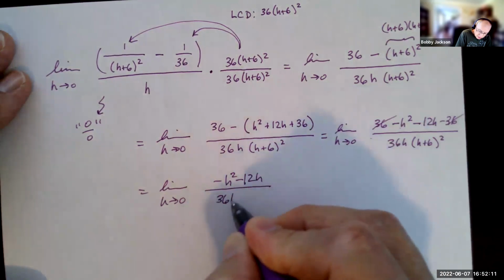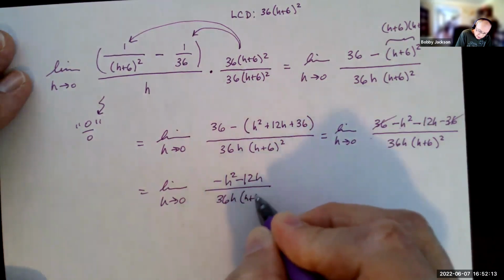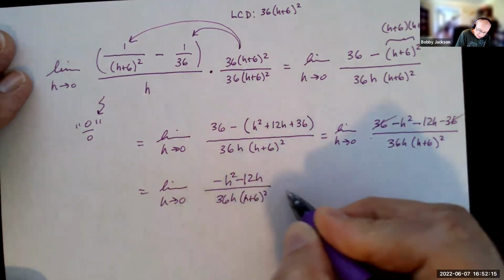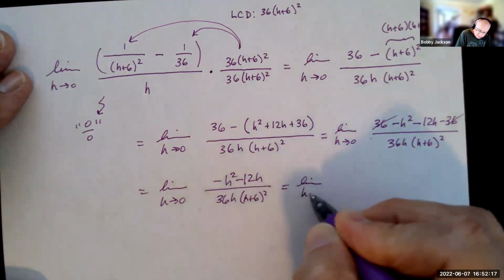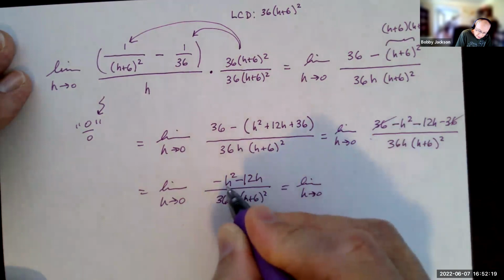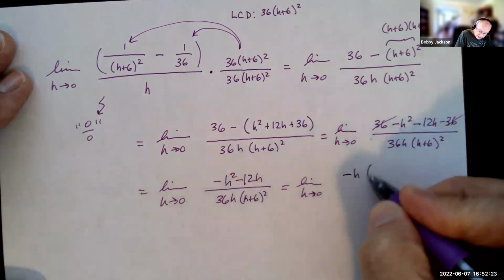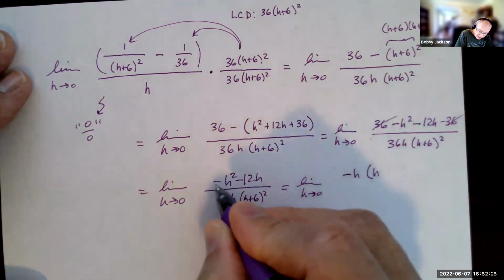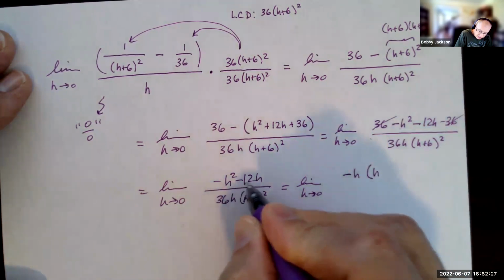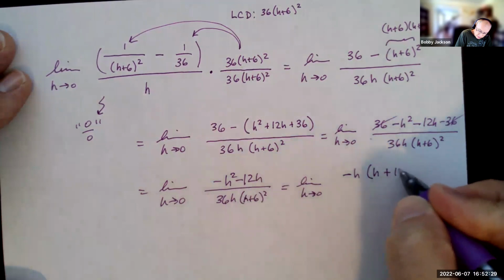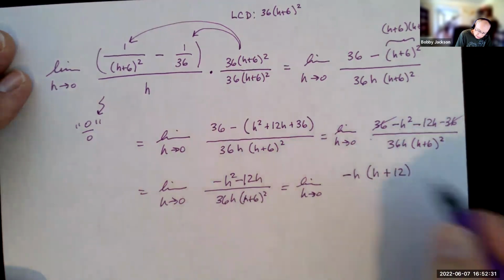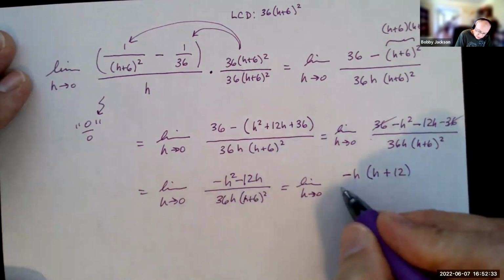And now, can we factor the numerator? Yes, there is a common factor of h there. Since it's a negative here, I'm going to factor out -h. That's going to leave me an h. Since I factored out a -h from -12h, that leaves me a +12, right? -h times positive 12 gives me the negative 12h.